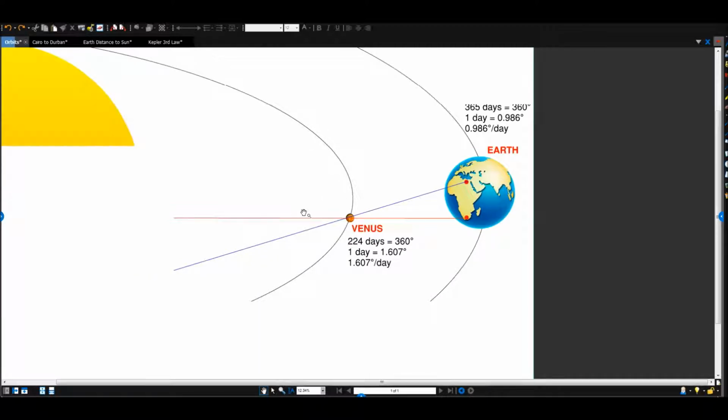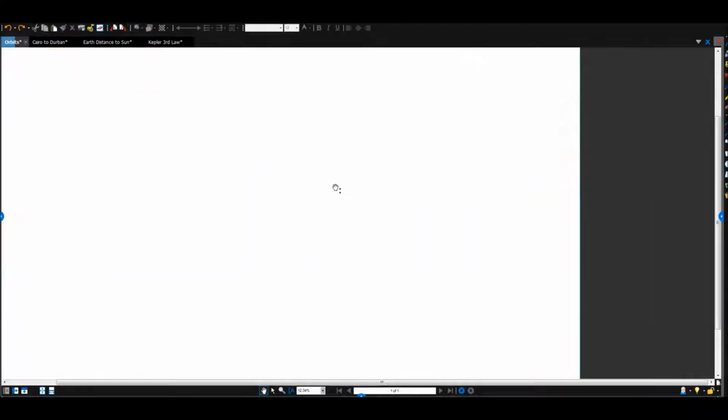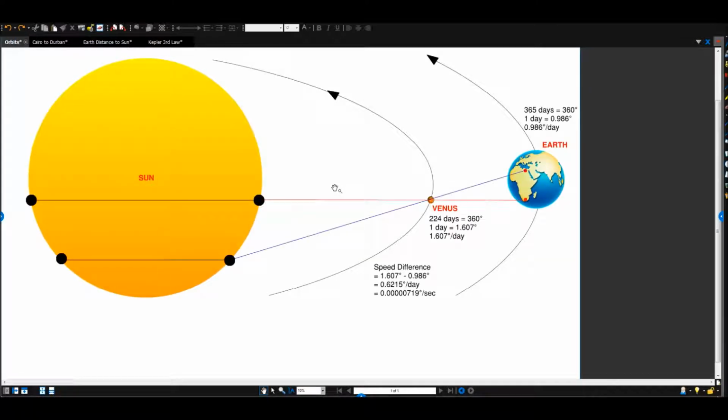So again, this is very useful for us. So here we go. In the observations, we'll just calculate the speed difference.